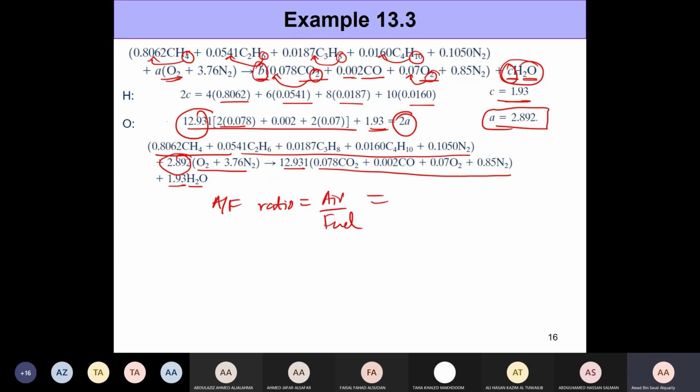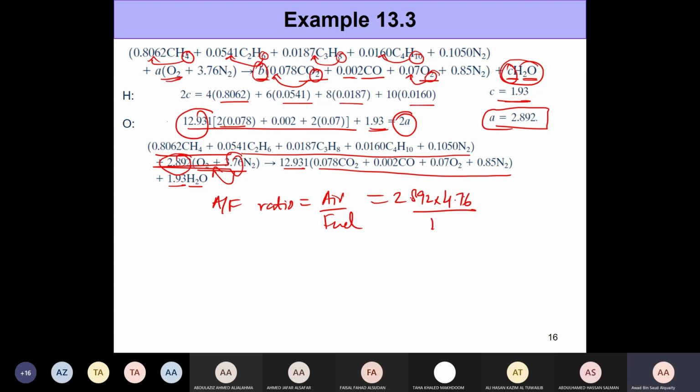So here we are having 2.892 times 4.76 moles of air. Okay, 4.76 because 3.76 from nitrogen plus 1 mole from oxygen. Okay, so that's what the air is composed of. So that's the quantity of air that we're having. On the other side, fuel, we just have 1 kilomole.